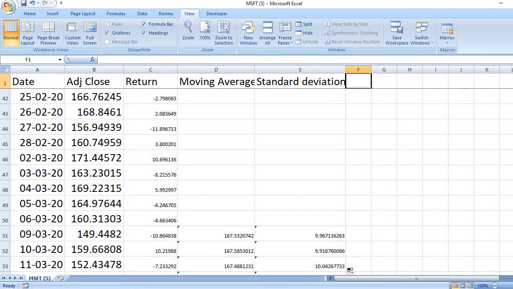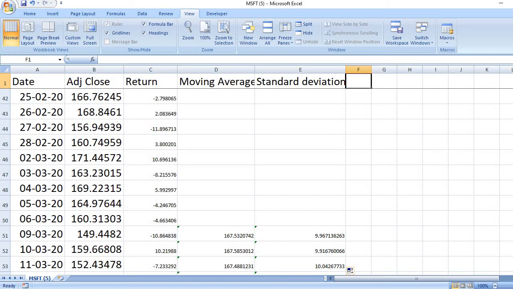After calculating the moving average and standard deviation, now we are going to determine whether today is the right day to purchase the stock or not. So the same golden principle we are going to follow. If the stock price is less, we are going to purchase, and if the stock price is more, then we are going to sell.